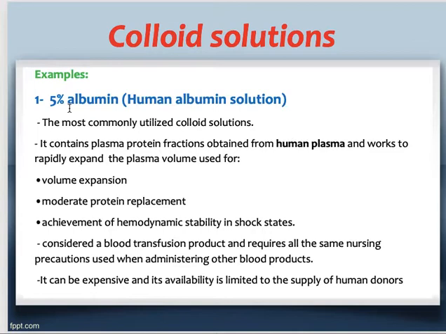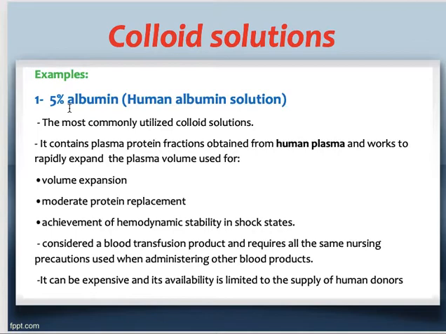They attract water. They can keep the water in that compartment, and that's one of the reasons when someone is in hepatic failure and the liver is not producing enough proteins like albumin, the fluid cannot stay inside the compartment, and the patients start having edema.